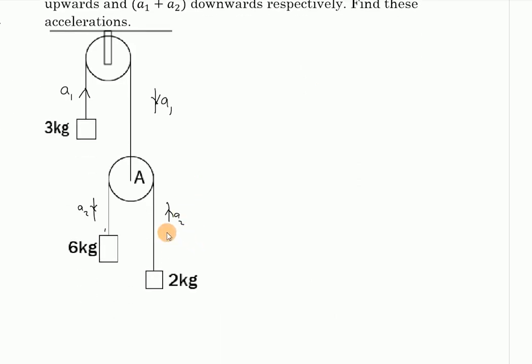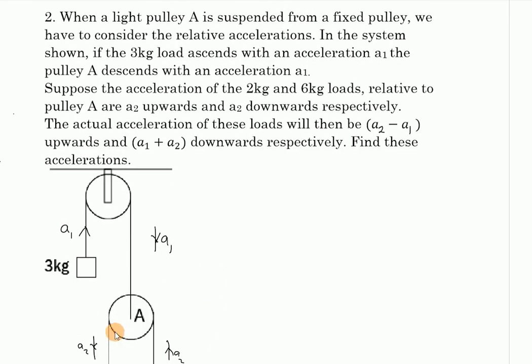That's our supposition. That relative to this pulley, this one is moving upwards with the acceleration A2, and this one downwards. Of course, these two are connected, so they move at the same acceleration because they are connected by the same string. So we have that relative to pulley A.